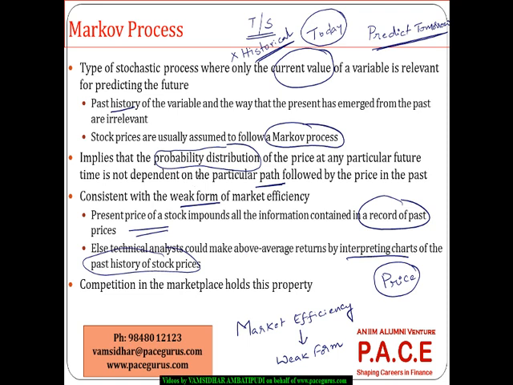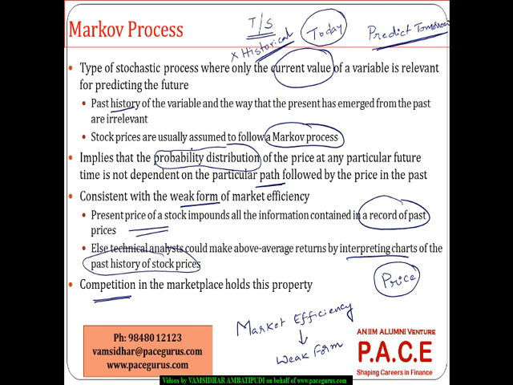And how does the price follow the Markov property? Majorly because of competition. New players enter, existing players move out, new investments come in, existing investments are pulled out, demand supply changes because of the competition, and the prices are going up and down.